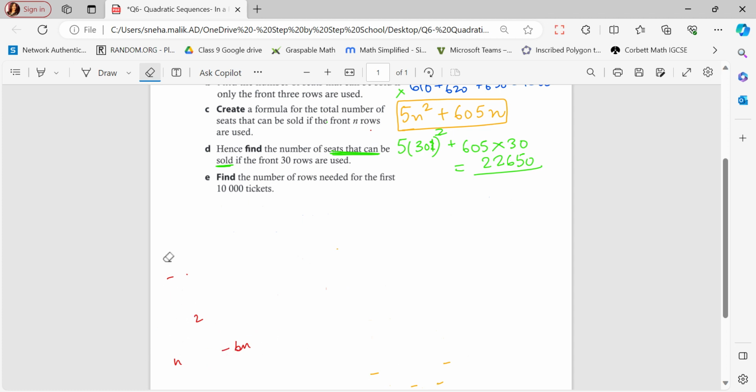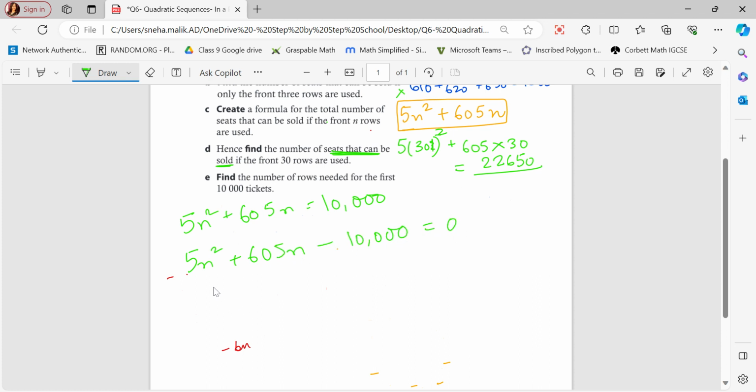Let's see what happens here. 5n square plus 605n should be around 10,000. So 5n square plus 605n minus 10,000 is 0. I can take 5 common and I get n square plus 121n minus 2,000 equals 0.